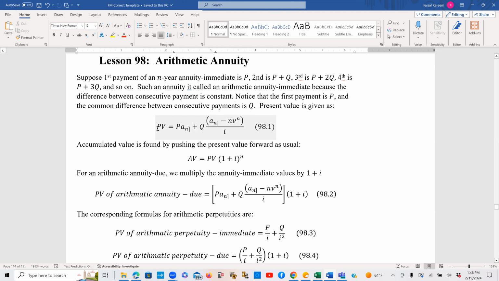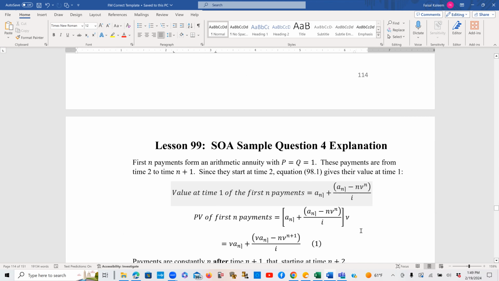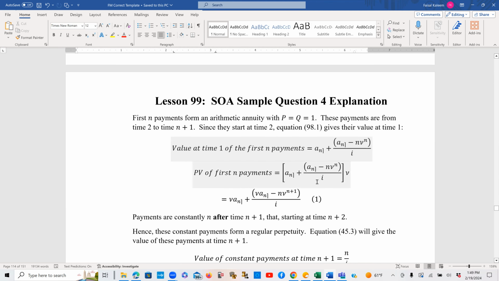That gives us the present value of an arithmetic annuity immediate. If we use this one, it will give the value of these first n payments at time 1, because the first payment is happening at time 2. And we know that the annuity immediate formula gives the value 1 period before the first payment.